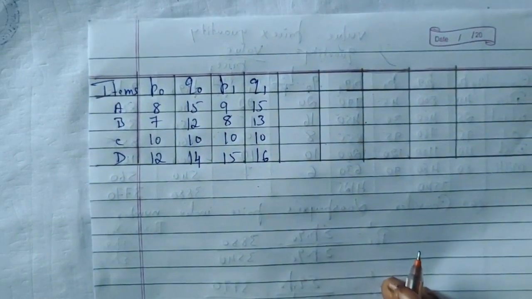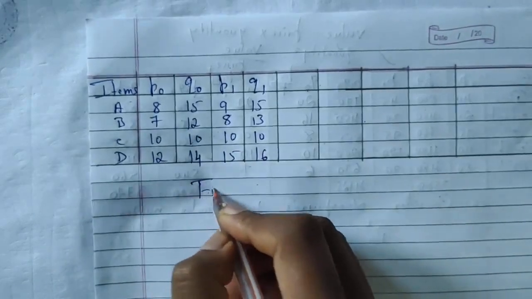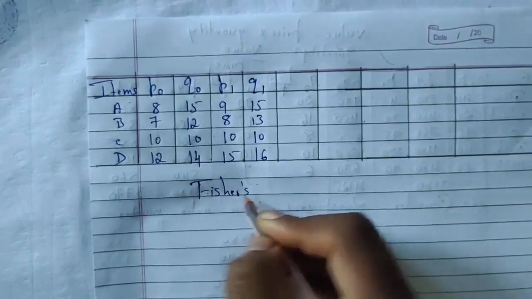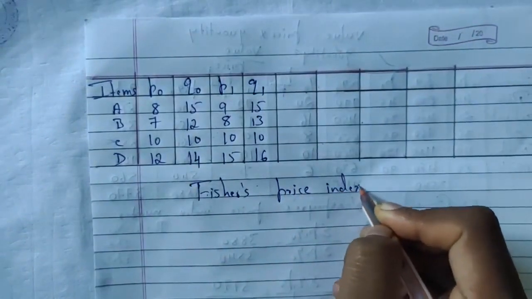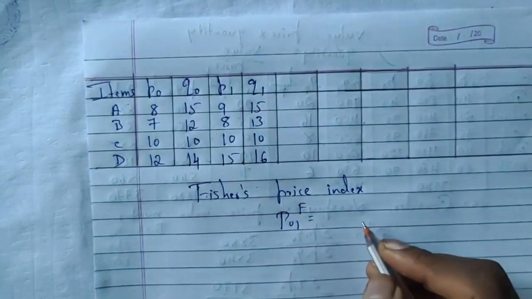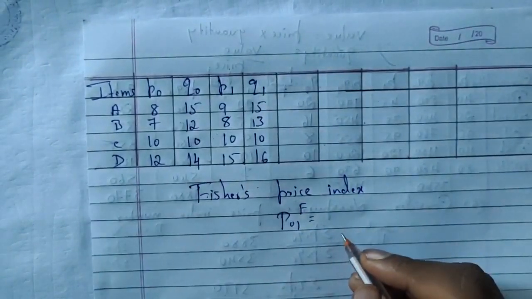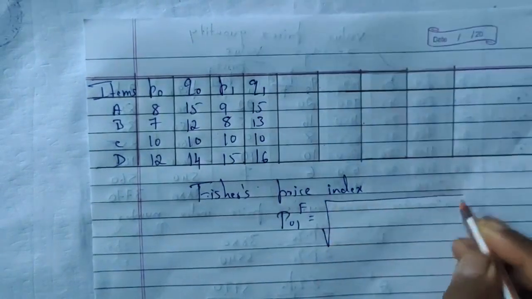So write the formula of Fisher's price index. Fisher's price index is P01 Fisher. What is the formula? So that is square root of Laspeyres into Paasche.